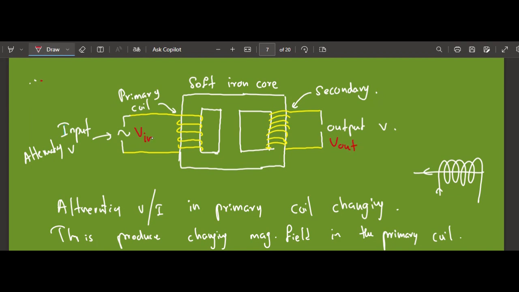And one more thing, right? We'll take the number of turns. That number of turns is important, right? When you're drawing this, draw with different numbers of turns. In the primary, we'll take N1, or let's take in and out.